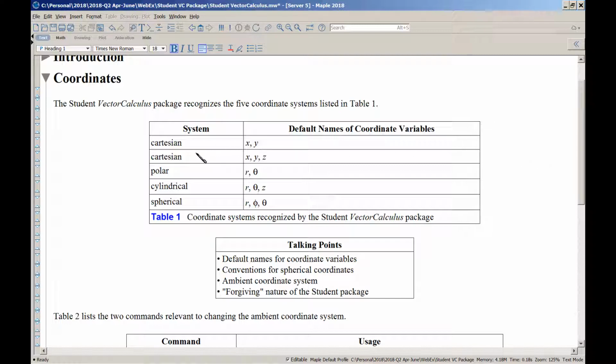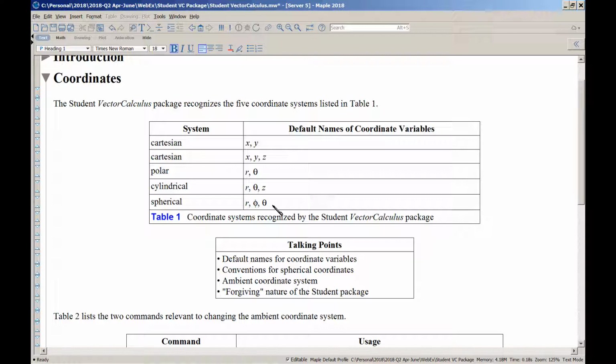So now let's talk about the coordinates that this package can handle. It recognizes these 5 coordinate systems: Cartesian in 2 or 3 dimensions, polar, cylindrical, spherical. Note that for the purposes of this package, Cartesian is spelled with a lowercase c. There are default coordinate variable names recognized: xy and xyz, r theta, z for cylindrical, and r phi theta for spherical.